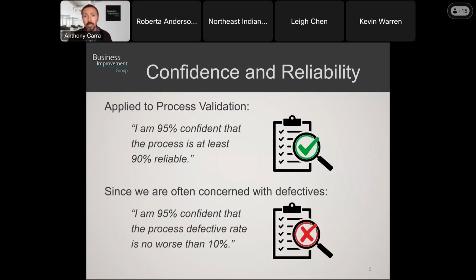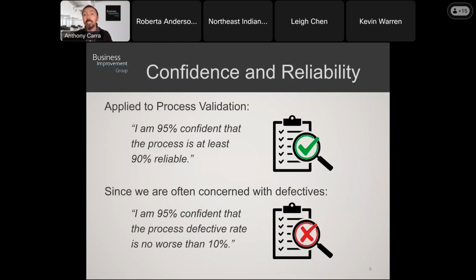If we're talking about percent defective, I'm 95% confident that the process defective rate is no worse than 10%. Whether it's a product, the actual nonconformity rate is no worse than 10%, is what we're able to say.